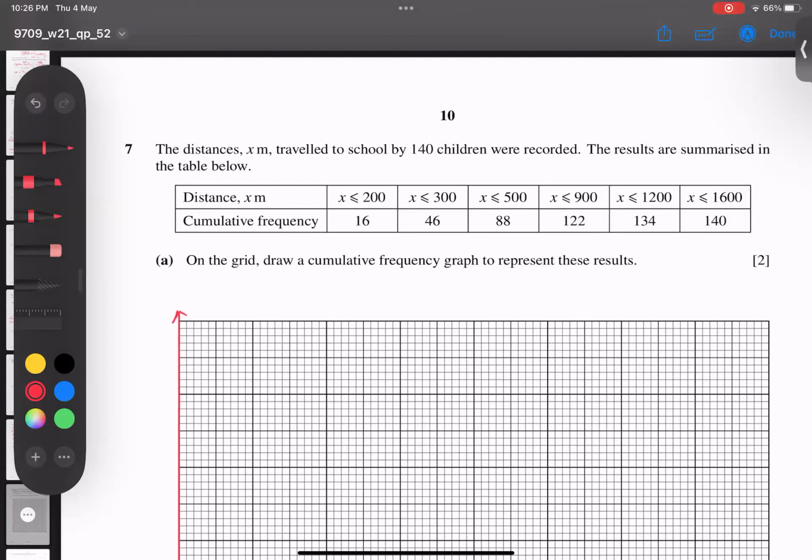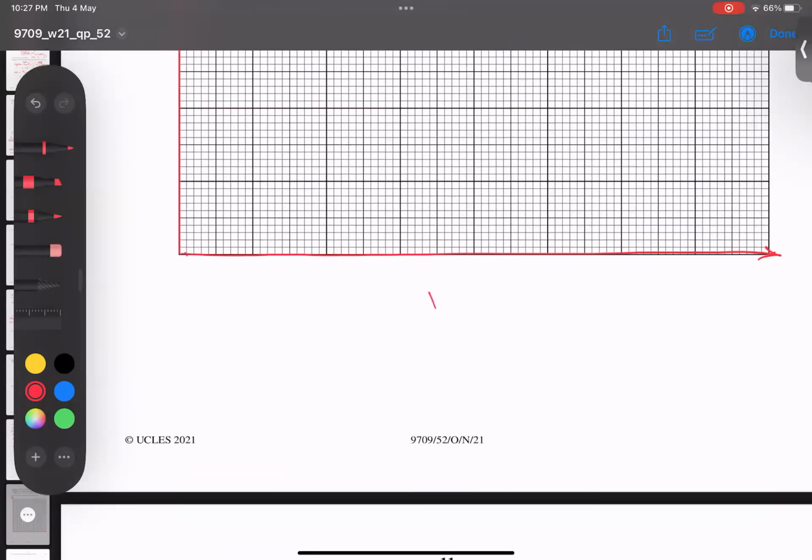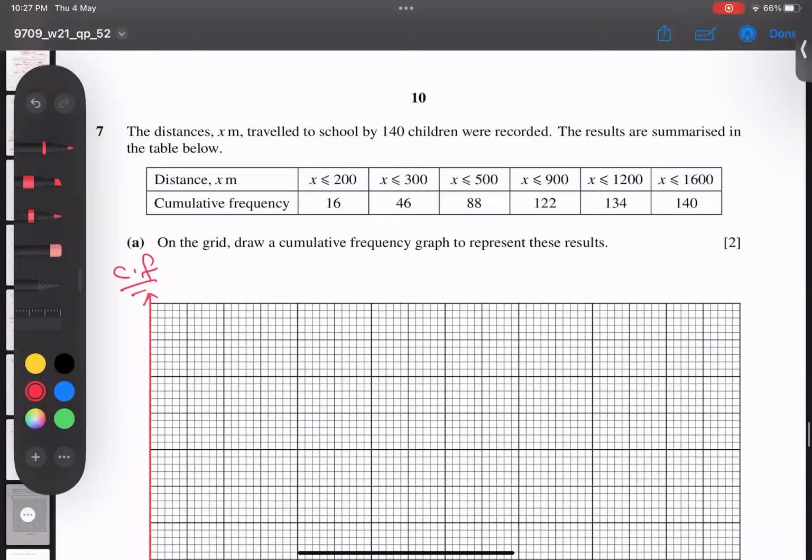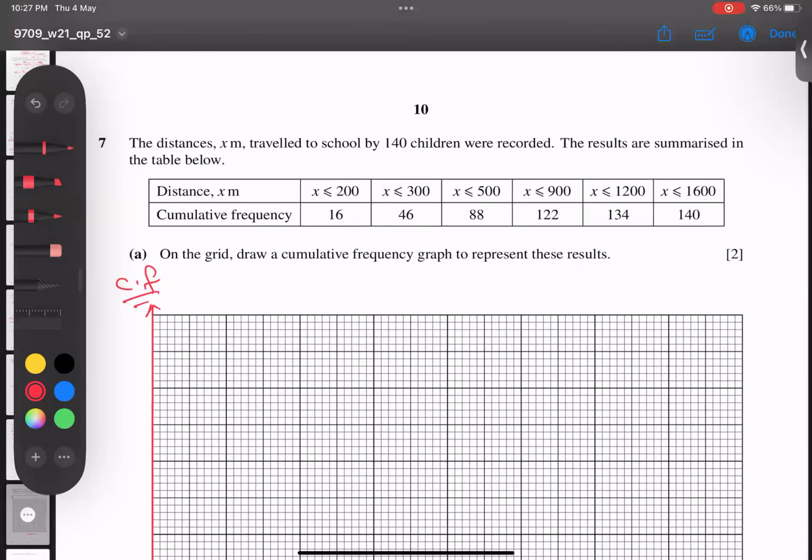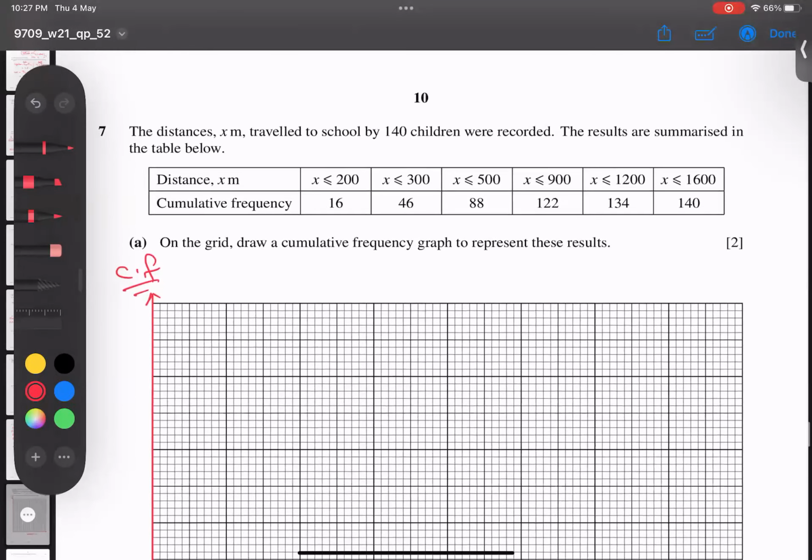Okay, and here I'm drawing CF, cumulative frequency, along the y-axis, and distance in meters along the x-axis. The highest number on the x-axis is 1600.